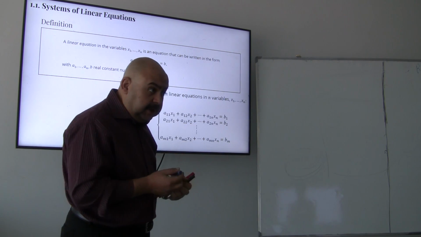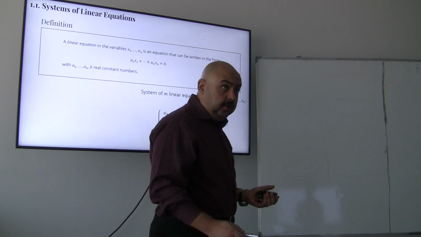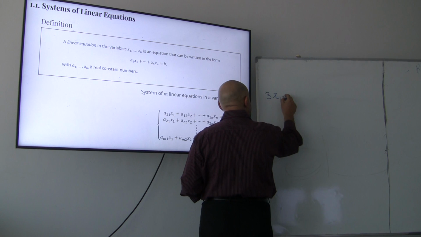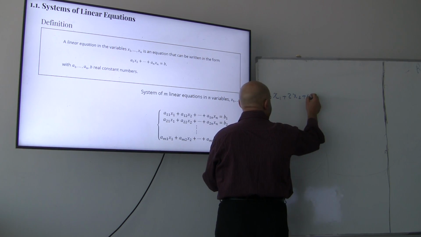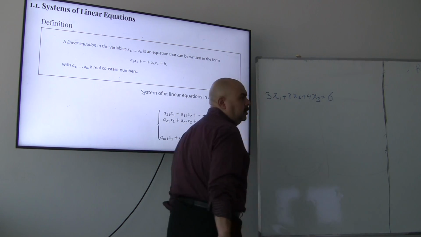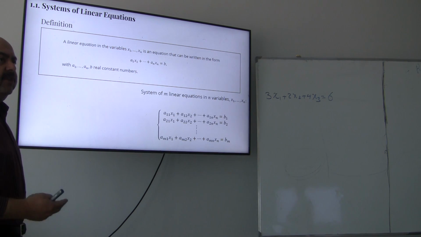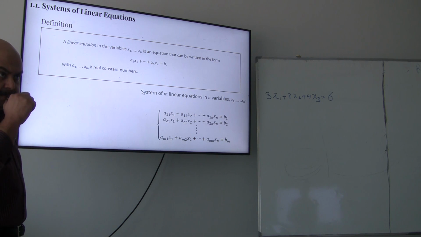For simplification, if I talk about an equation with only three unknowns, the shape is going to be simply like this: 3x1 plus 2x2 plus, let's say, 4x3, which equals 6 or something. This is an example of an equation which has several variables from x1 up to x3.